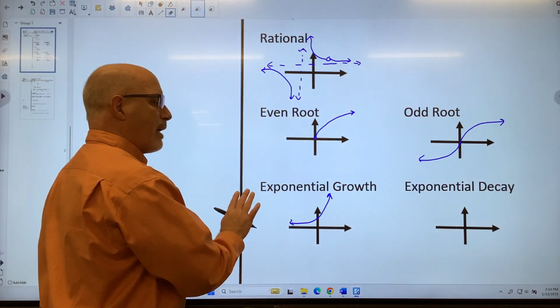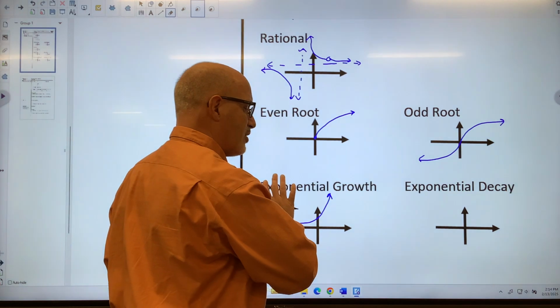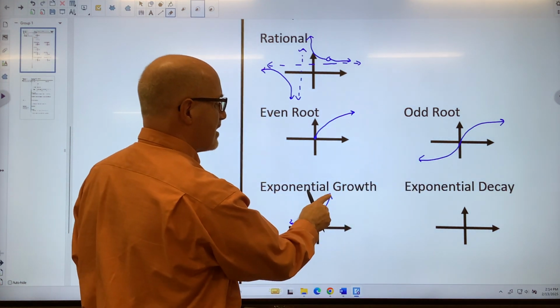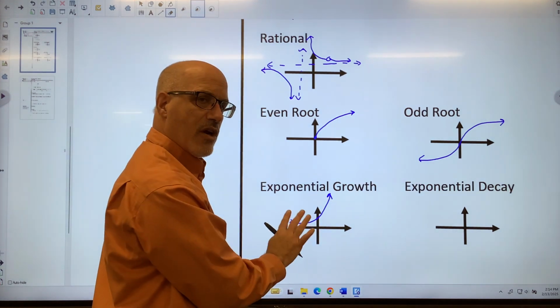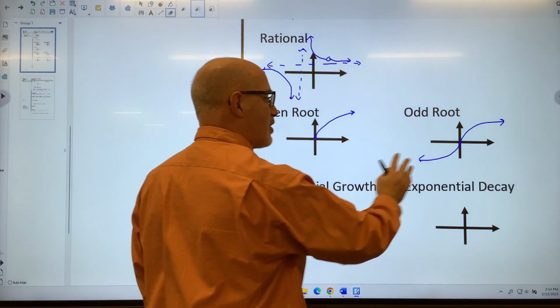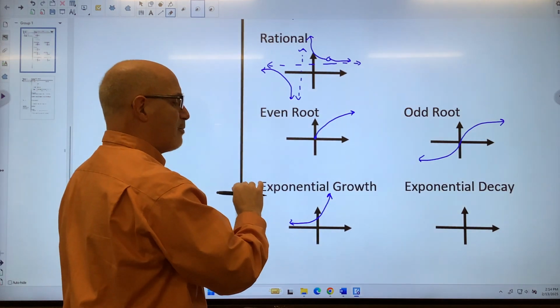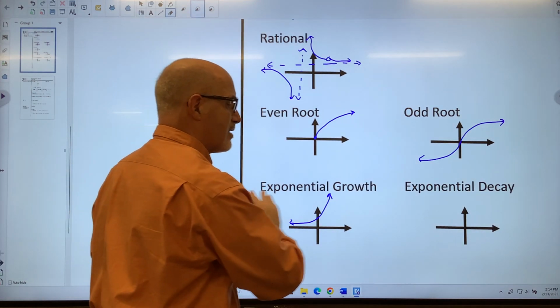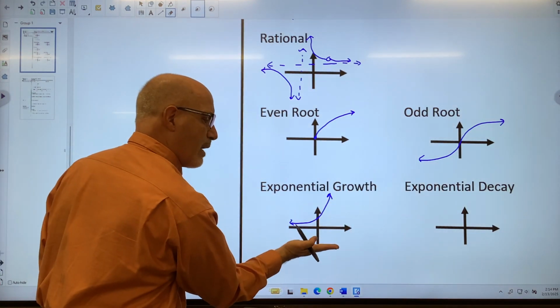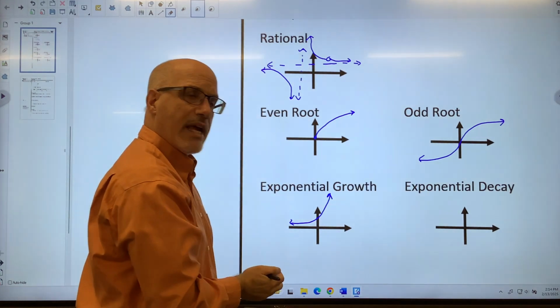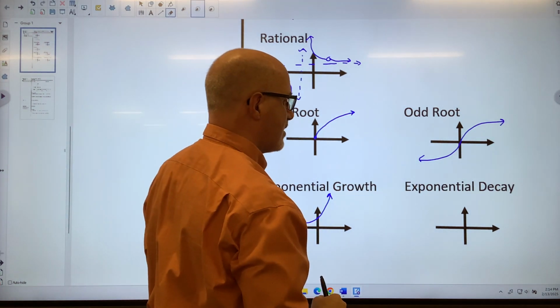But what you've got to recognize is that for the domain, it keeps going on forever. So this doesn't have a vertical asymptote stopping it. It keeps going to the right. It goes up fast, but it goes off to the right. So the domain on this is all real numbers, whereas the range is just the numbers above whatever asymptote I have, in this case the x-axis.